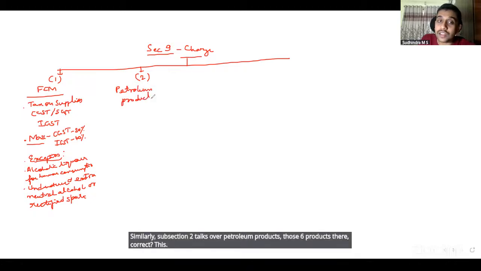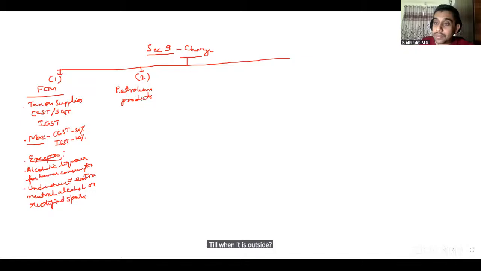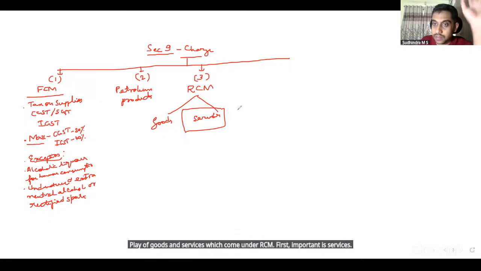Till when is it outside? Until it is notified by the government. Very good. Subsection 3 talks about RCM, supply of goods and services which come under RCM. For us, important is services.